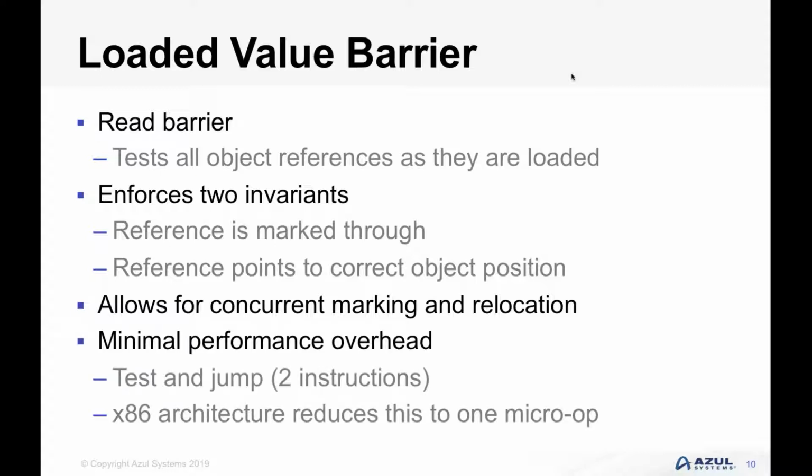A lot of people say, well, if you're going to intercept every read of an object, that's going to degrade performance of your application. And well, technically that's true, yes, but the performance overhead is really, really minimal. Essentially what we have to do is every time we reference an object in the JVM, we have to do a test and jump. And that's two instructions in terms of an x86 processor.